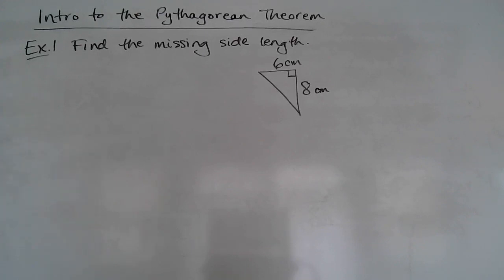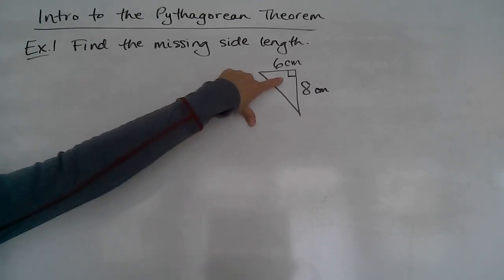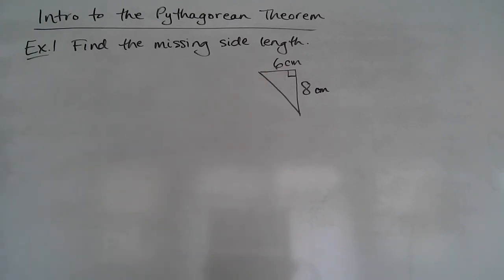All right, so let's look at an example so that we can see how the Pythagorean theorem can be used. So remember, the Pythagorean theorem is about the side lengths in right triangles. So this example says find the missing side length, and we have a right triangle. We've been given two sides. We definitely have one that's missing.